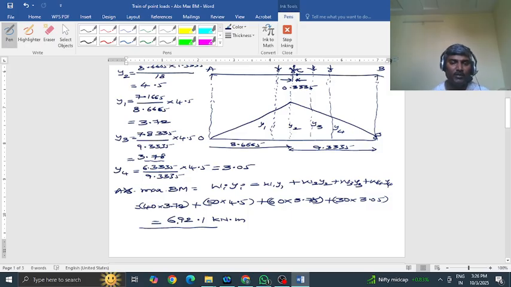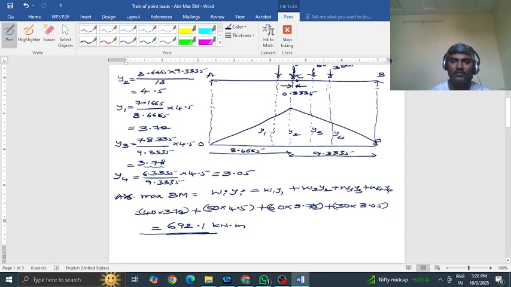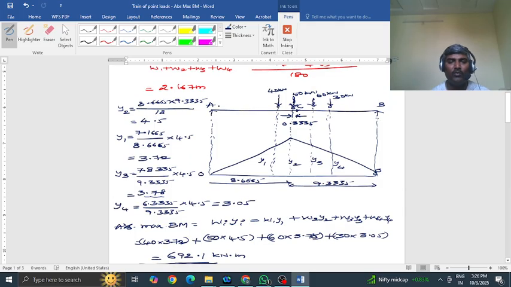Earlier you have seen in the previous lectures of the same question, at 6 meters we worked out the bending moment value, which came out as 620. So this is the absolute maximum bending moment that is possible in this 18-meter girder. Whatever may be the position of the loads and whatever the place that you choose, if you calculate the bending moment, it shall come out less than this value.